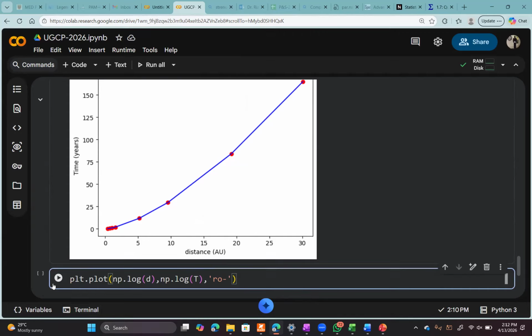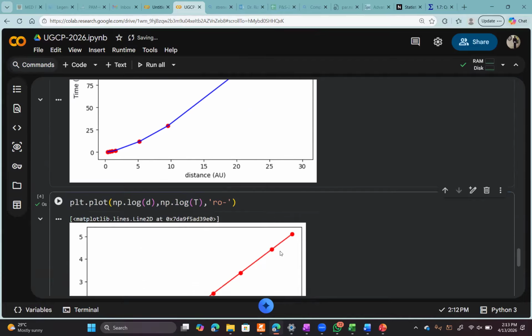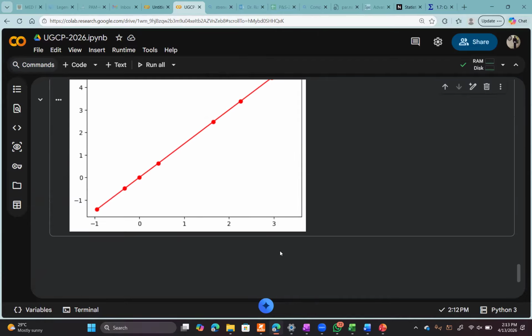For the time being, I'm not going to write the lines for the labels, since it is understood because my voice is available. So it has turned out to be a straight line. But now the next task is to see the slope. We expect 3 by 2.